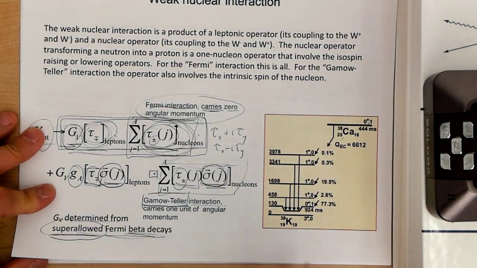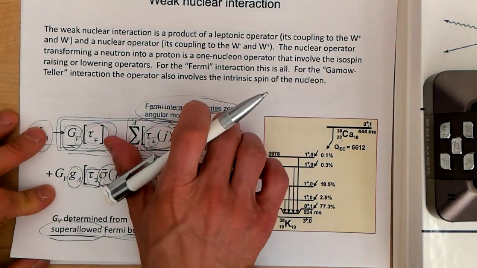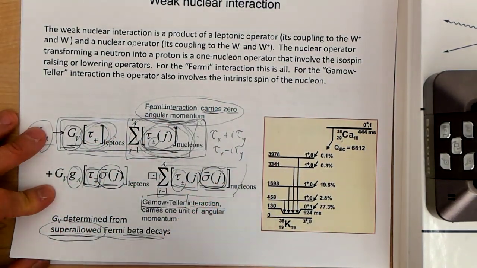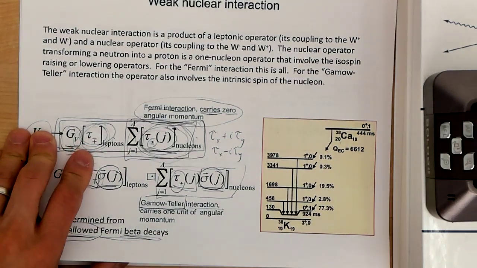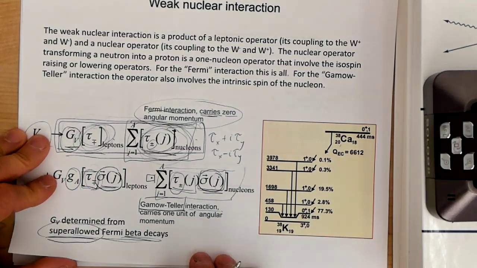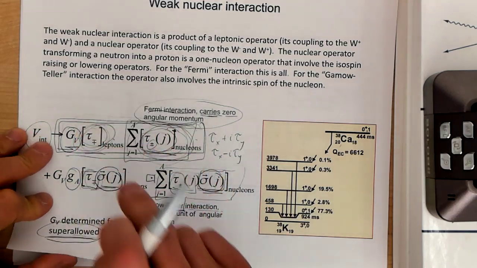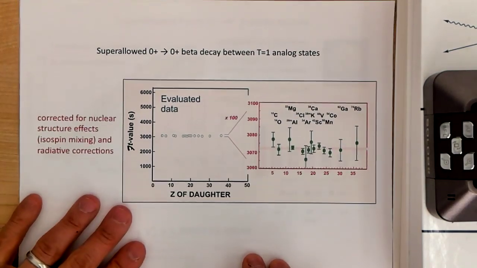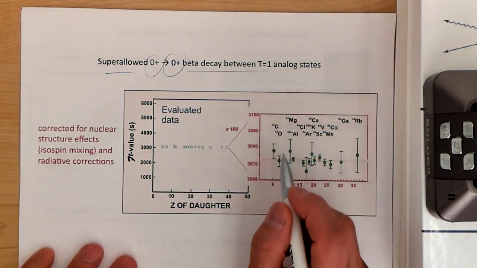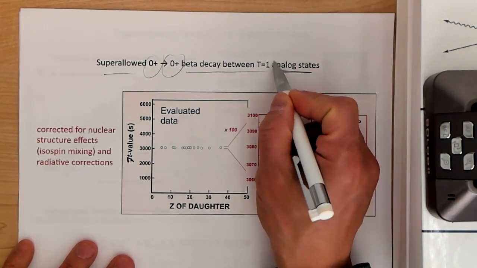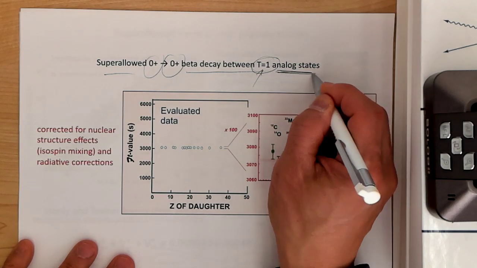So the term superallowed means that the initial state and the final state are connected to each other by isospin. They belong to the same isospin family. For example, just doing an isospin rotation of a neutron to a proton goes from the initial state to the final state. So that's what's been done, measuring these superallowed 0+ to 0+ beta decays between various T equals 1, that's isospin 1 multiplet, analog states.